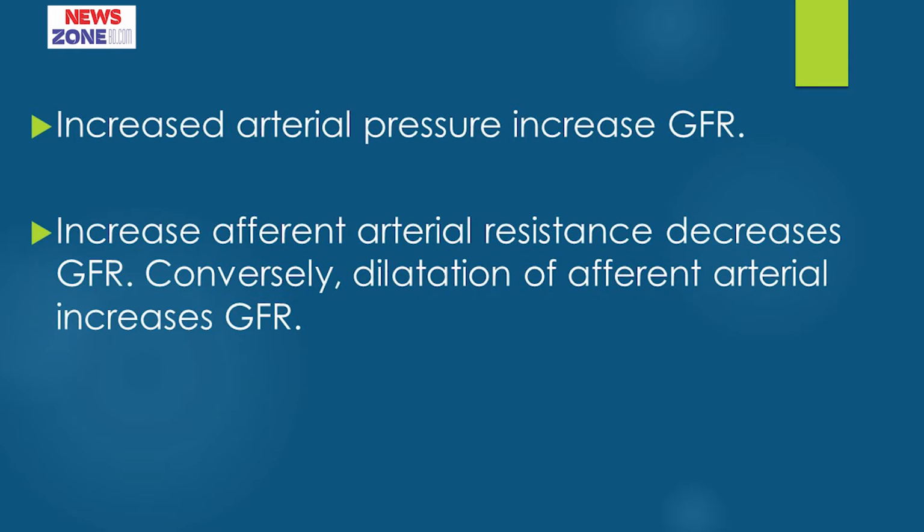But when we discuss the resistance, afferent arteriolar resistance increases, GFR decreases. So it is inversely proportional. You have to understand that when afferent arteriolar resistance increases, GFR will decrease.